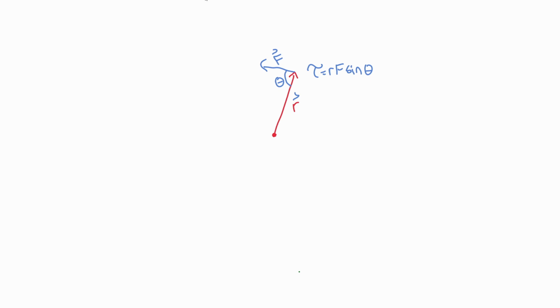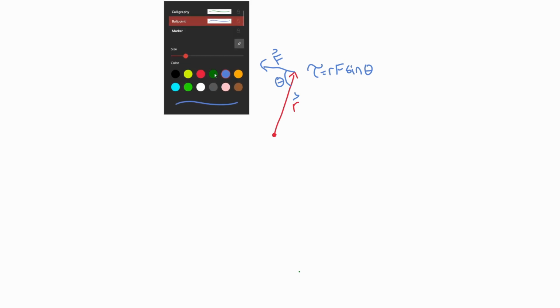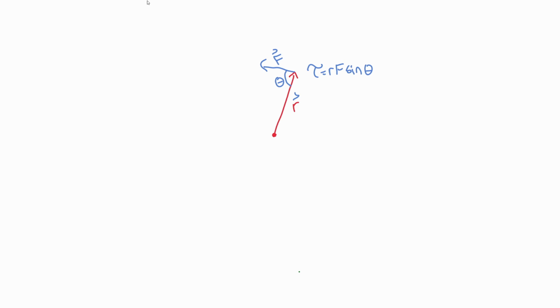You can see sine of 90 is going to be 1. So it's just going to be R times F, which is kind of the nicest scenario where we don't really have to worry about some angle in between. If I decide I'm going to open the door really strangely, and I push horizontal, parallel with the door, the amount of torque is going to be a lot less.